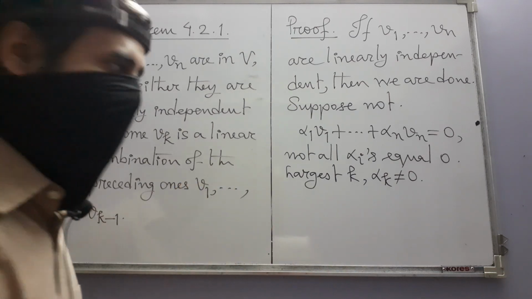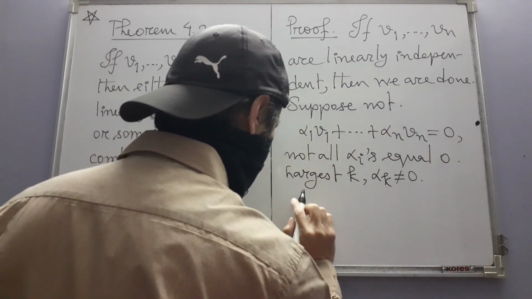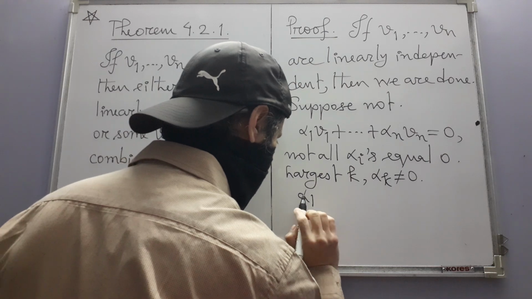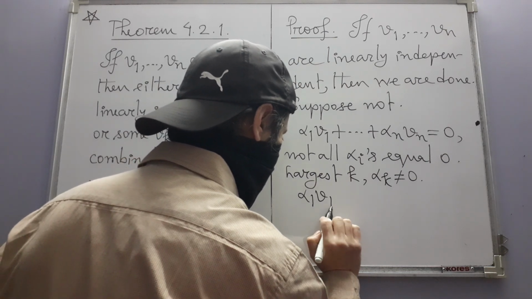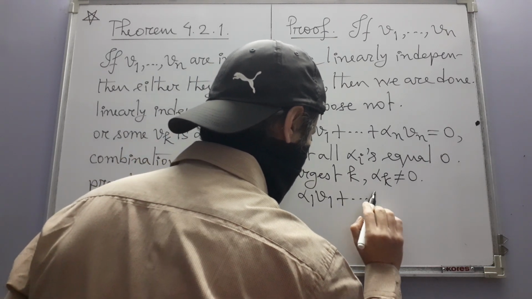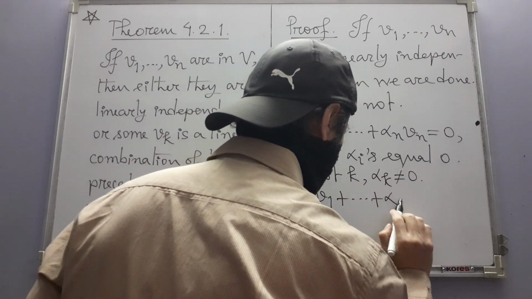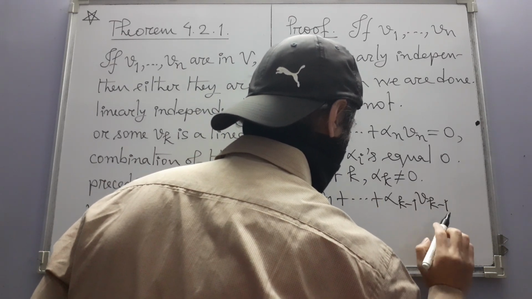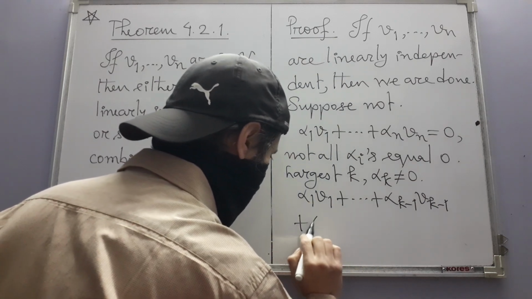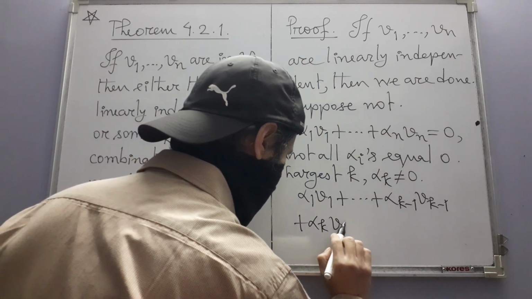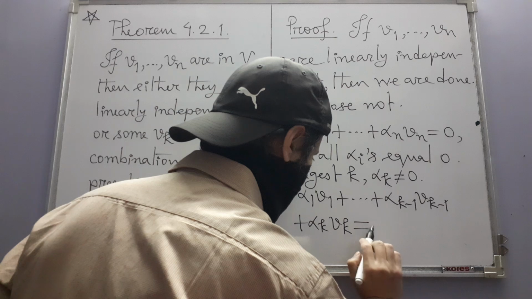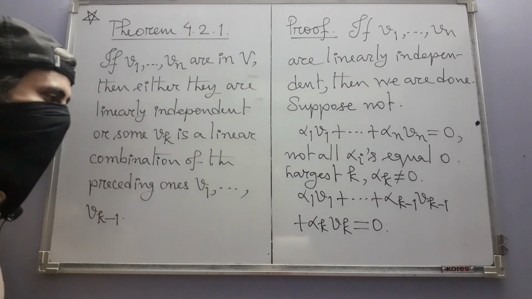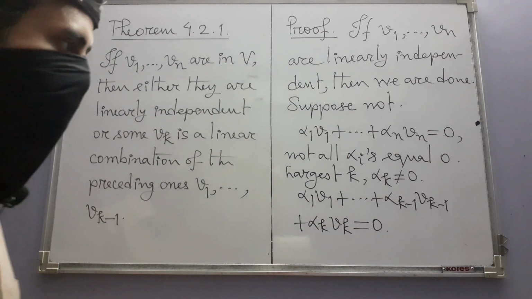So this equation reduces to this form: alpha 1 V1 plus ... plus alpha k minus 1 Vk minus 1 plus alpha k Vk is equal to 0, and we know that alpha k is not equal to 0.